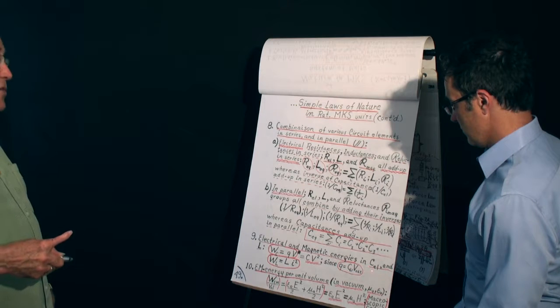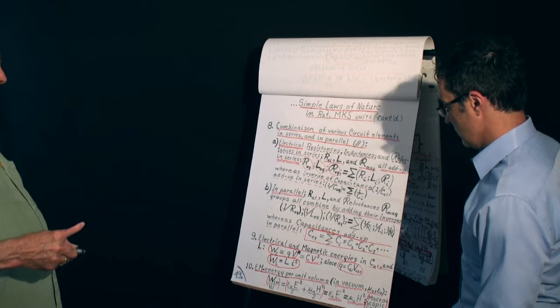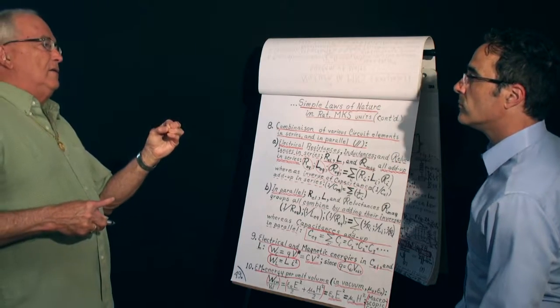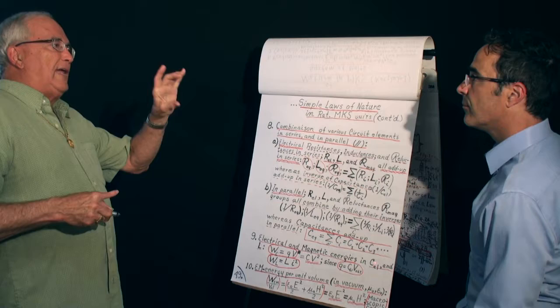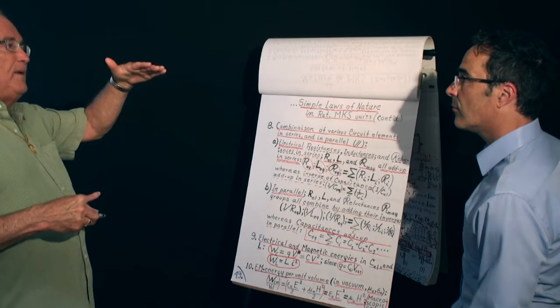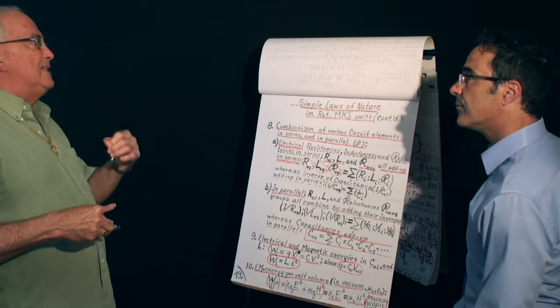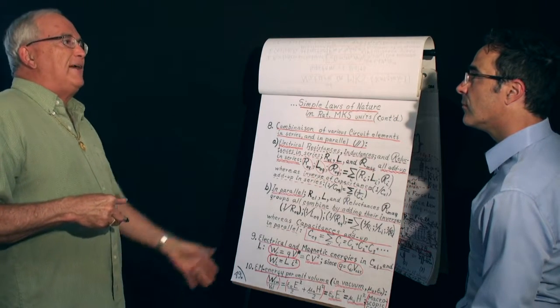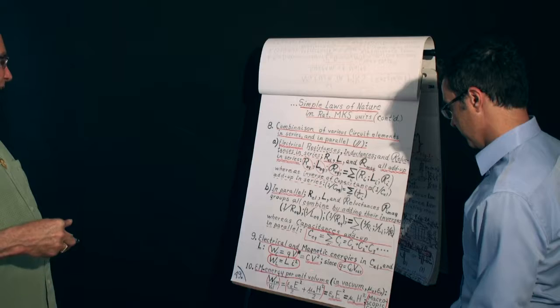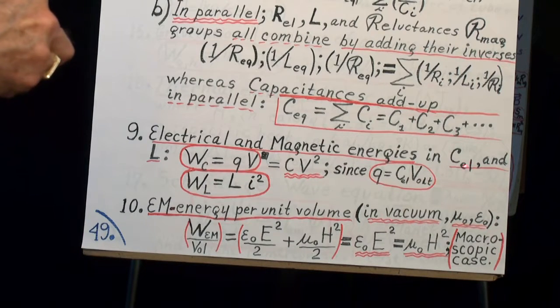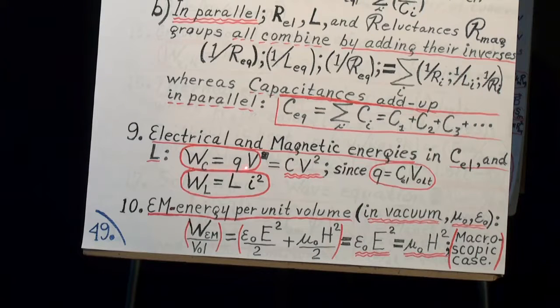Electrical and magnetic energies now, in capacitors or capacitance. A capacitor is the physical thing that has parallel plates, of different sizes, whereas capacitance is the electrical concept defined by the equation. And the same thing for inductor and inductance. So the energy in a capacitor is the charge multiplied by the voltage that we have seen over there.